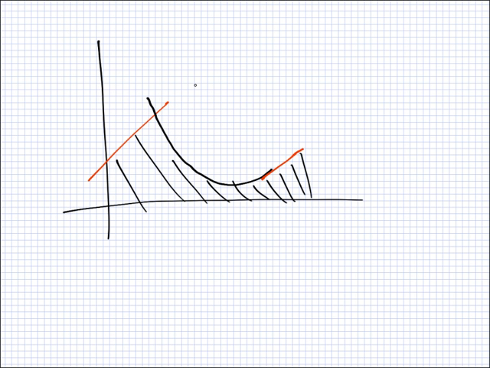It's very common for students to miss the fact that there are three pieces here: 1, 2, and 3. A lot of the time students will integrate from A to B and then B to D, instead of A to B, B to C, C to D. That's a very easy mistake to make. That's one problem.